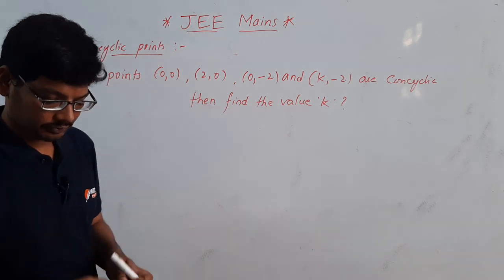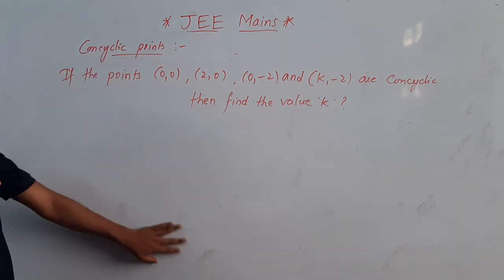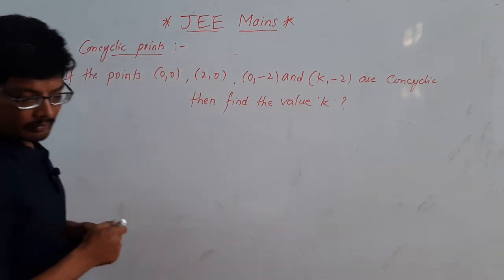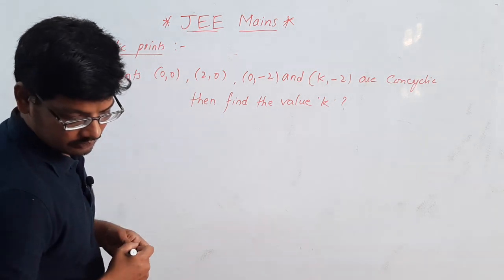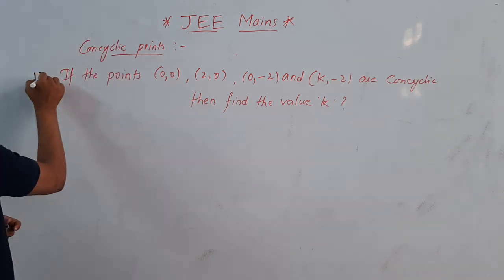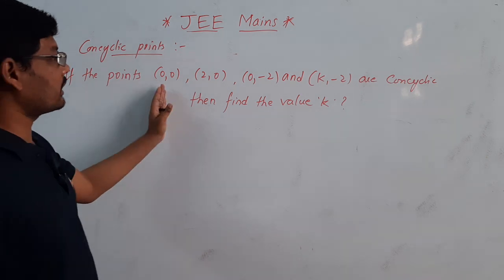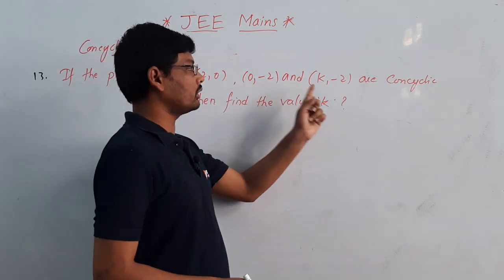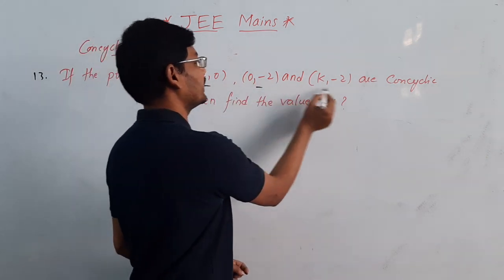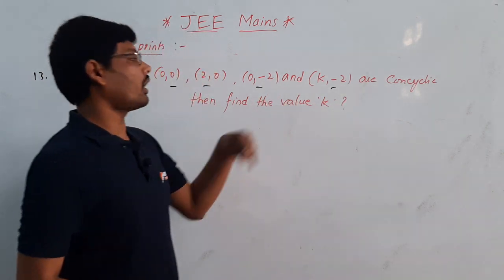The question number is 13. Here he has given 4 points which are concyclic.